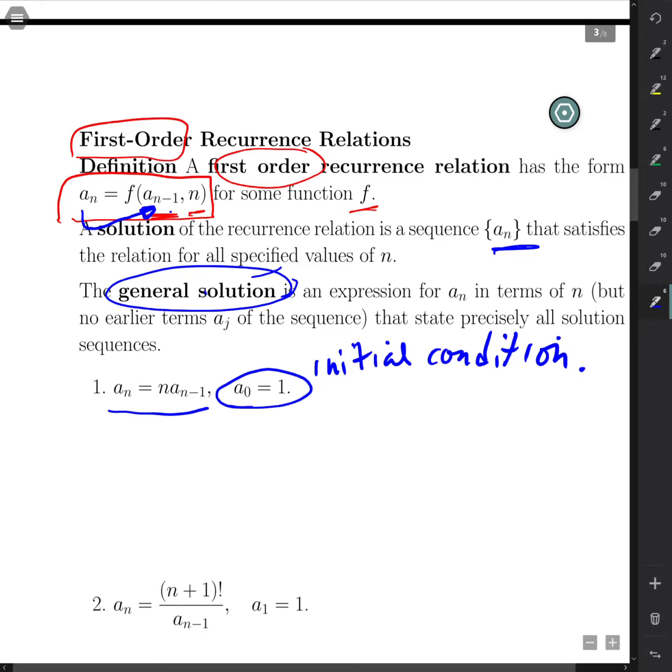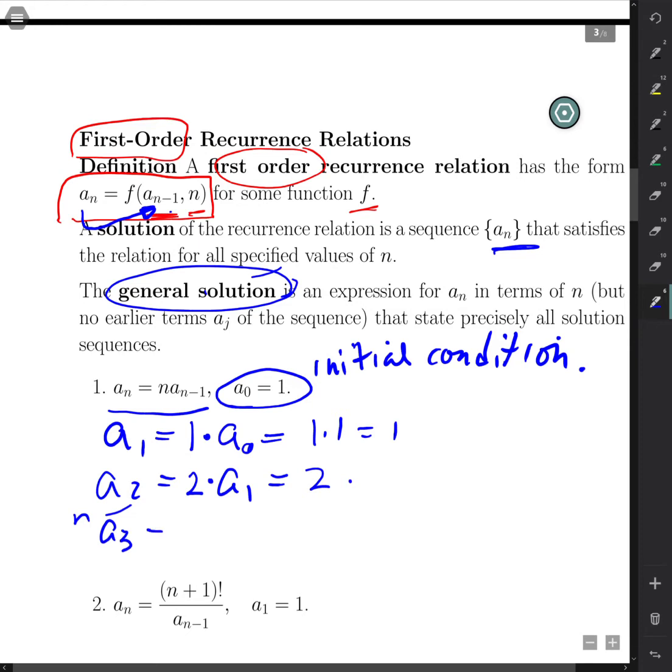So we're given a0. That would mean that a1 is equal to, well, 1, n is 1 here. So 1 times a0, 1 previous, so that'd be 1 times 1 is 1. a2, and here n is 2. So that'd be 2 a1, which is 2 times 1, that's just 2. a3 is equal to 3 times a2, and so that's 3 times 2 is 6.